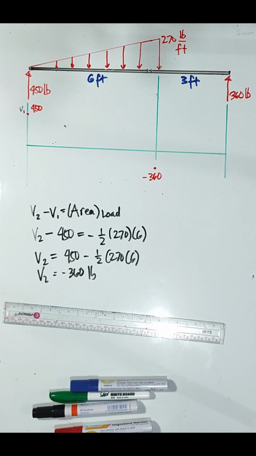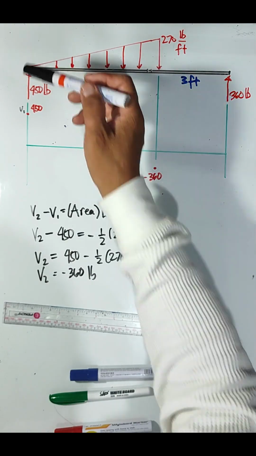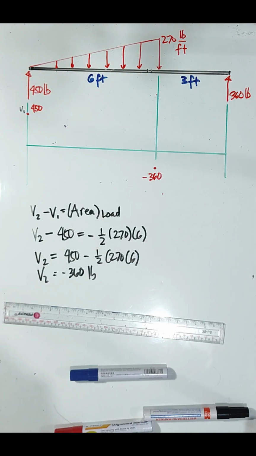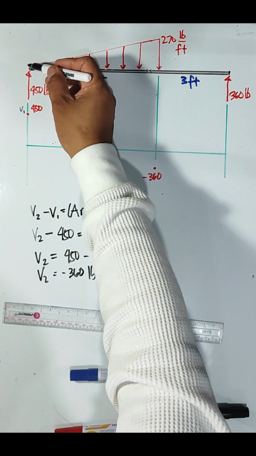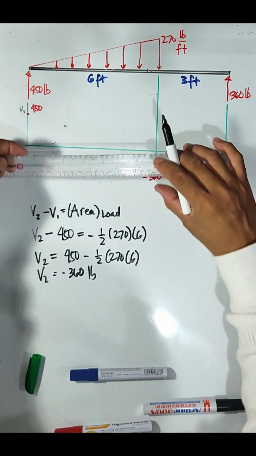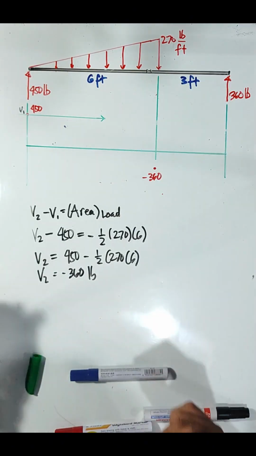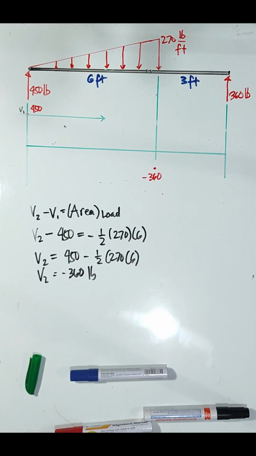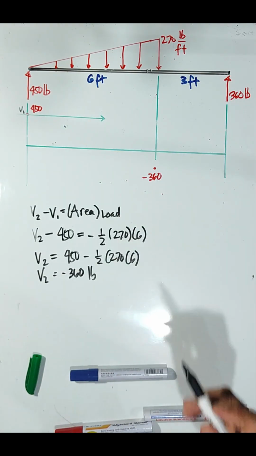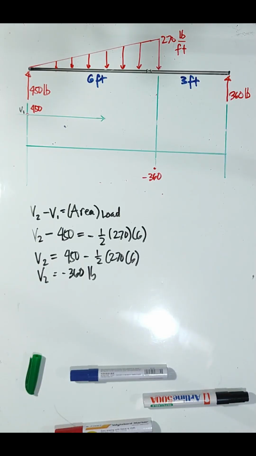So how are we going to connect these 2 points? Again, it's the relationship between the load and the shear. The intensity of the load here is 0, and we know that the slope of the shear diagram is the intensity, meaning the slope here is 0. So the line is horizontal. It's not going up, it's not going down. Here, there is an intensity of 270, going down, so that is a negative slope.